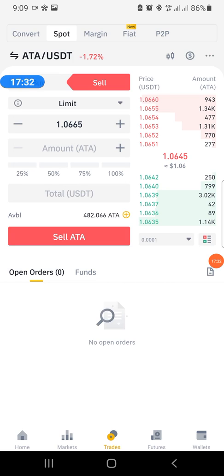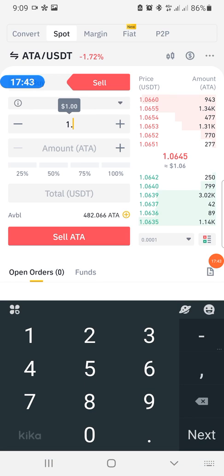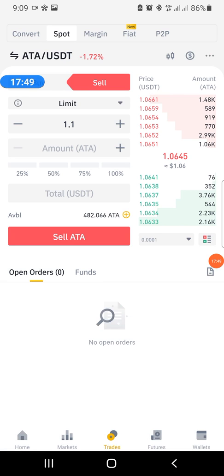At what price do I want to sell? I want to sell at the price of $1.1. And how much quantity do I want to sell? As you can see, I have 482 point some fractions.